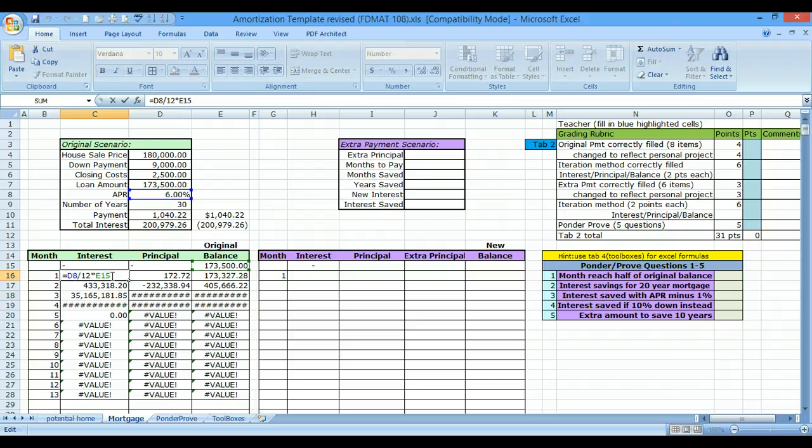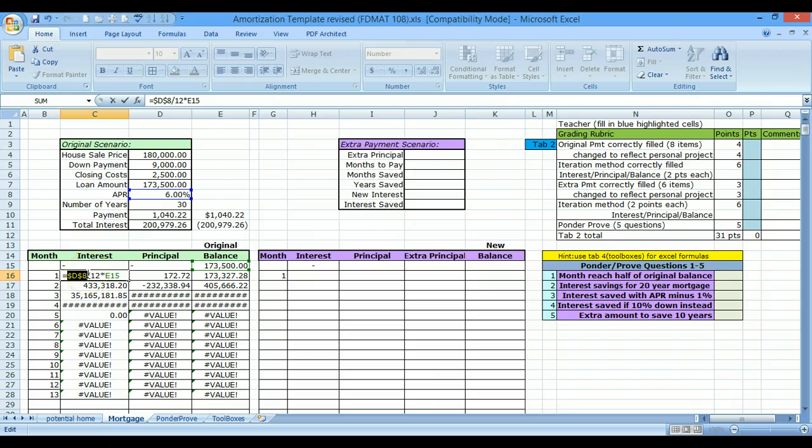Now notice this is referencing the APR and the balance, or the loan amount. So something here needs to stay the same. In our case, it's the APR. So I'm going to press F4. I can highlight it, or I can just put my cursor next to it and press F4. Now some of you might have to type in Shift 4 for the $ sign.